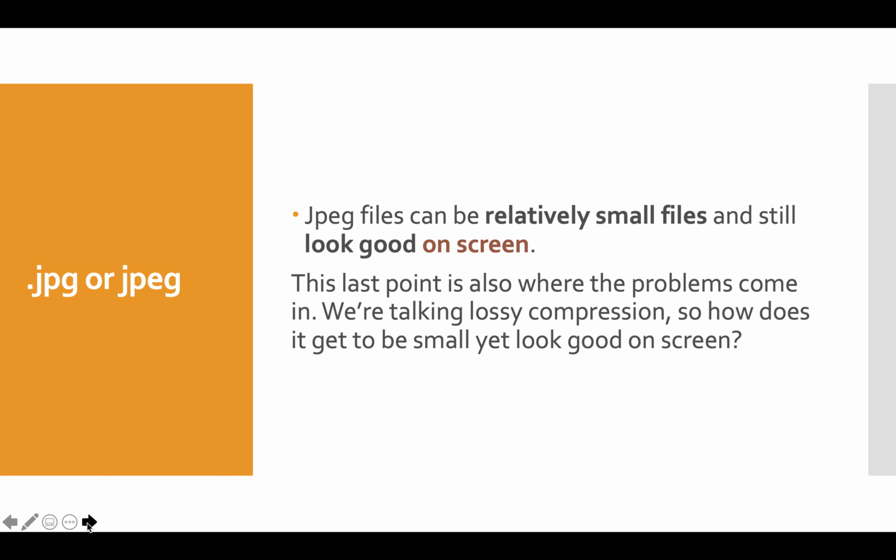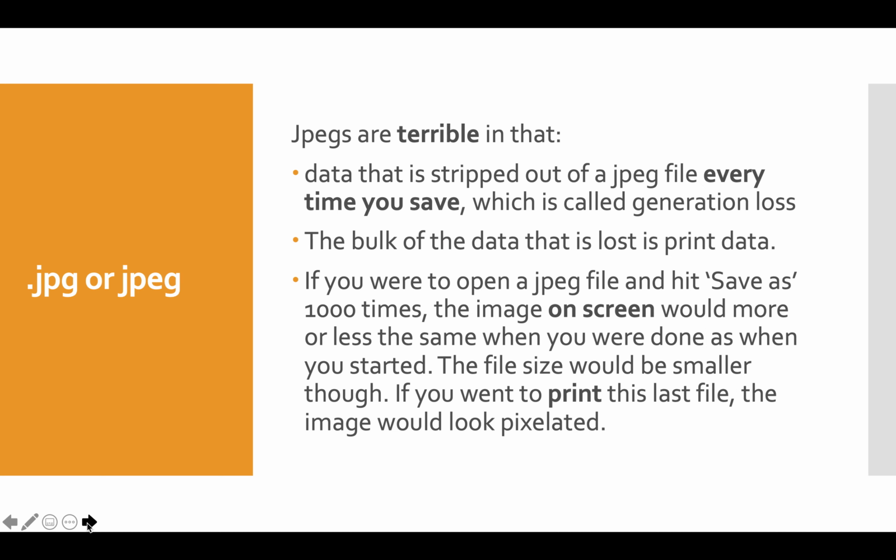I'm focusing on the on-screen here because this points to where the problem lies with JPEGs. How exactly does a JPEG get to be so small and yet retain so much quality? Because every time you save a JPEG, the data it throws away is print data.